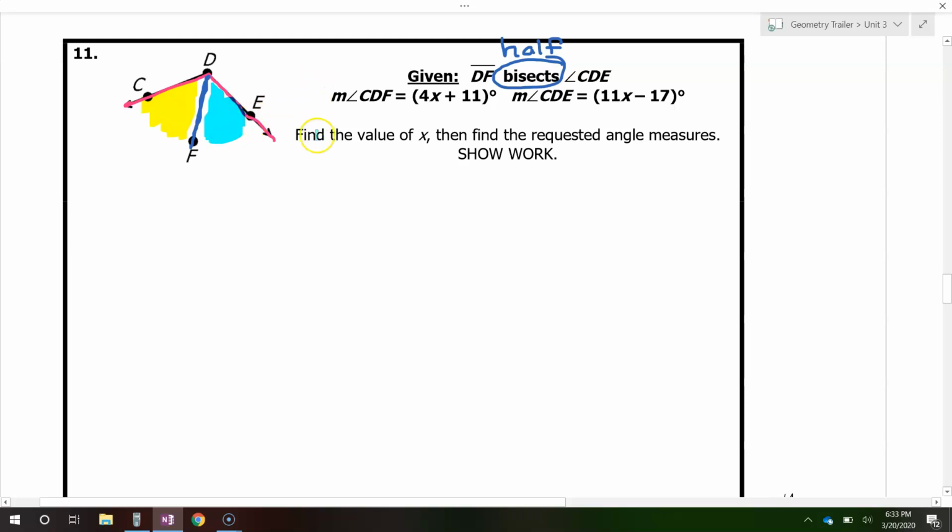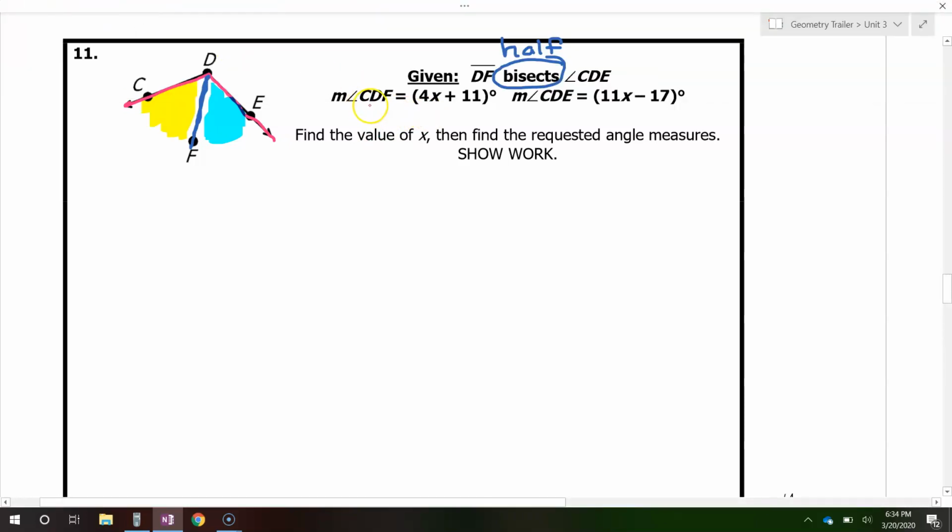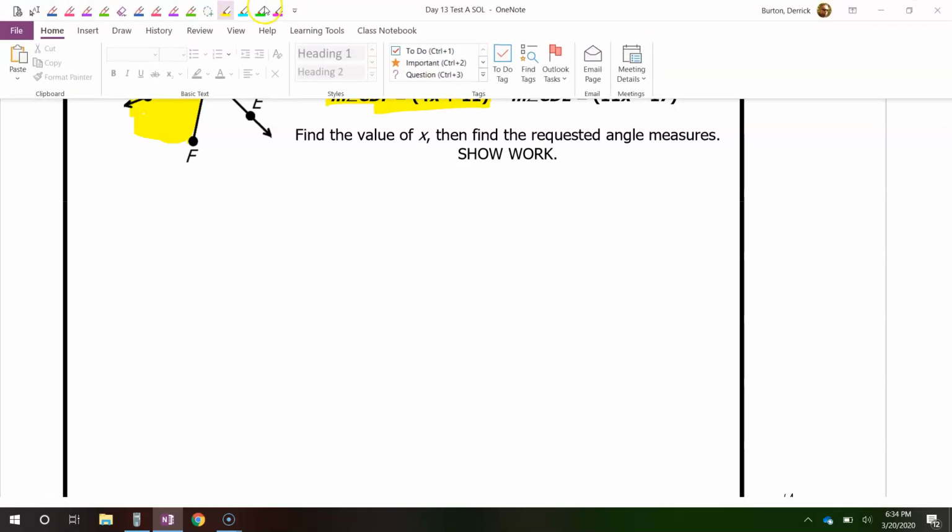Okay, that's true. But we have to be careful. Sometimes they'll give us a half and a half, but sometimes they'll give us a half and a whole. So we have to watch out and see which one they gave us. So let's see. CDF. In fact, now that I have given you the overall idea, let me go back. CDF is right here. Okay, CDF. Now, CDE.